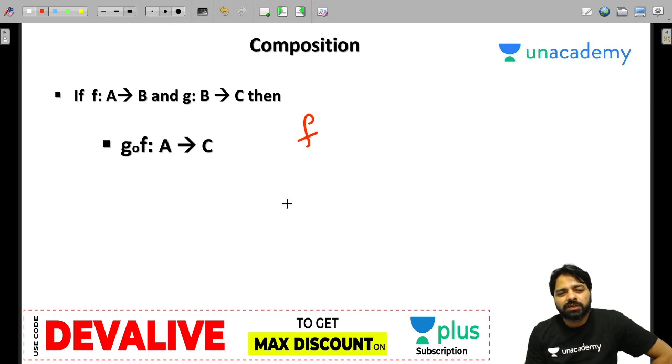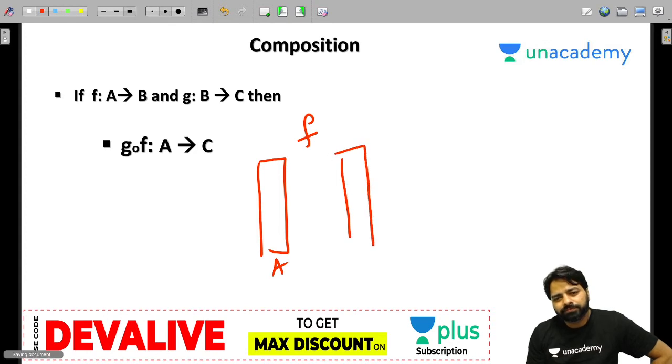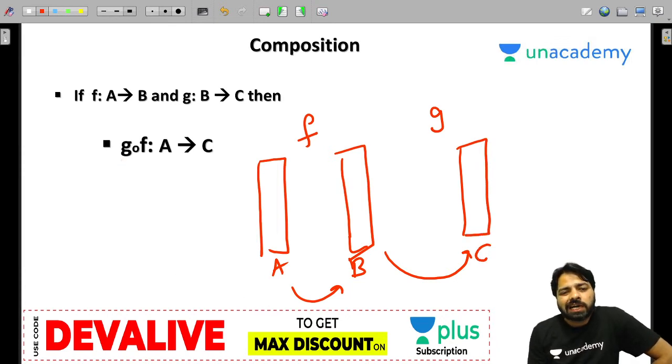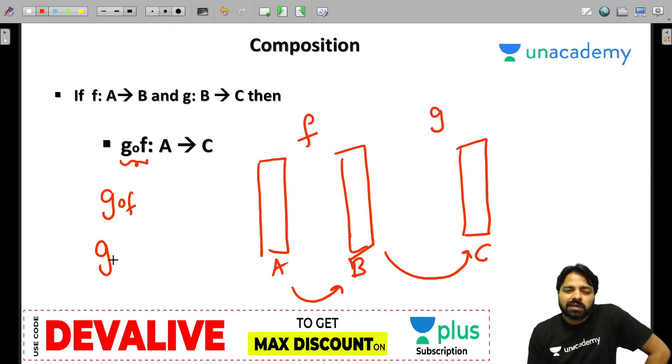Composition, I'm leaving it, but I'll give you a definition. See, f is a function from A to B, and g is a function from B to C. Now g of f: when you apply it to any element, first you apply f, then you apply g.